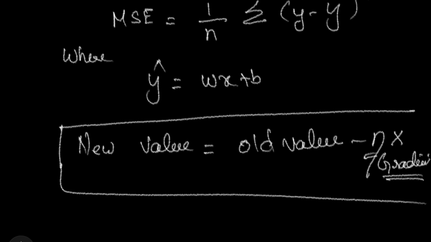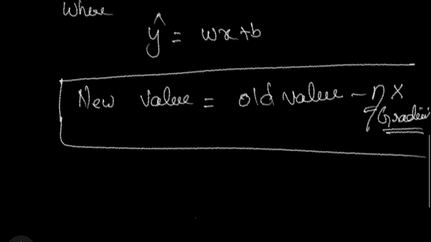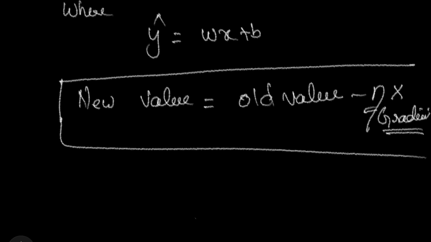The steps in gradient descent are: first, start with the initial values. If no initial values are given, we can take the initial weights and bias as 0. Second, predict the output. Third, calculate the error. Fourth, find the gradient.